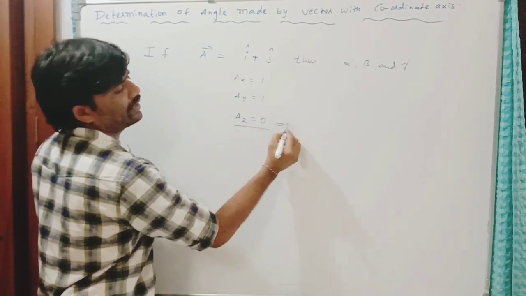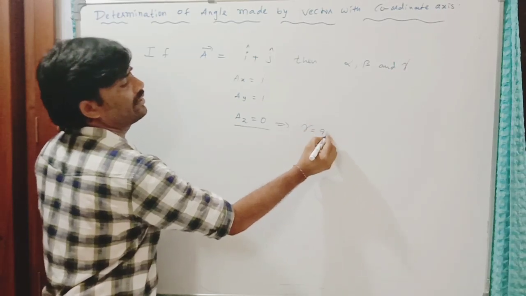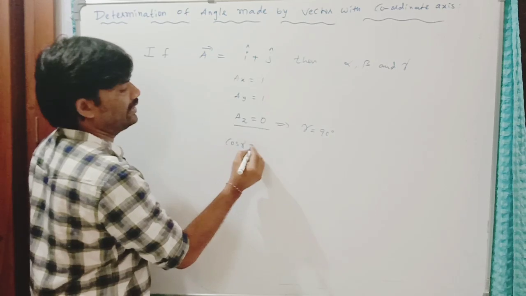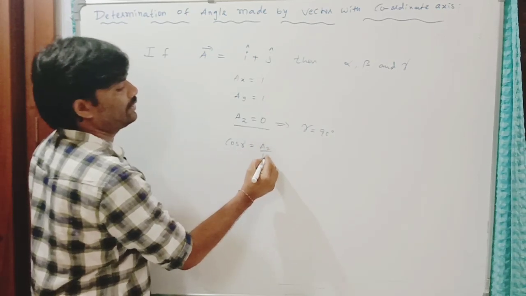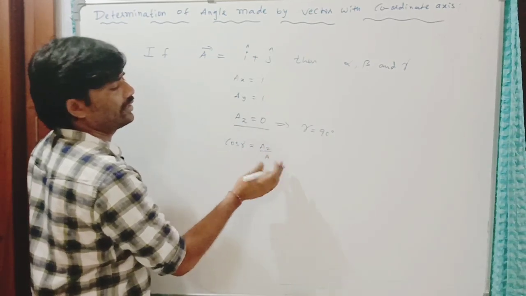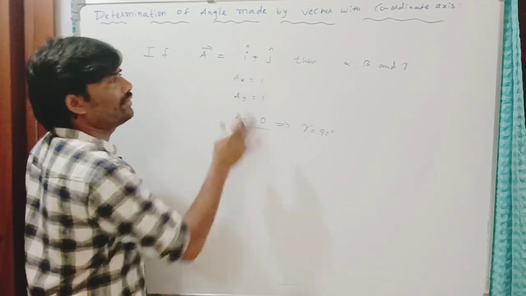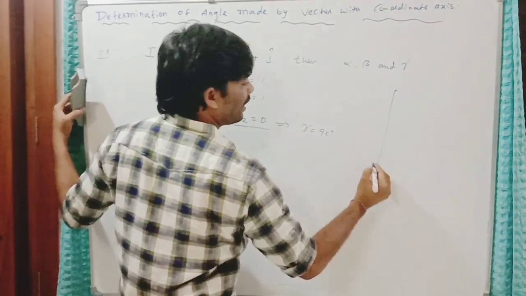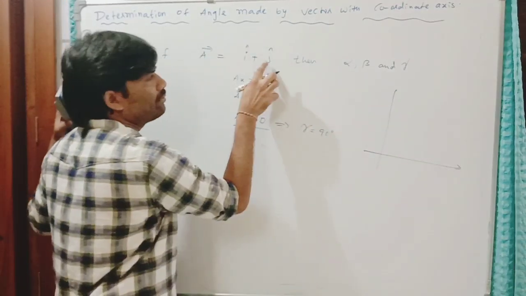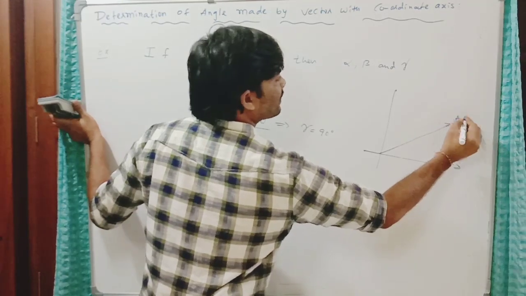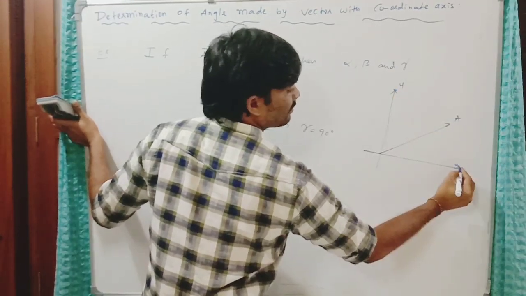Means from this you can say gamma is 90, because cos gamma is az by a, so this is 0. Directly gamma is 90. Now these two are equal. Definitely this vector lies in first quadrant. You can see both x component and y component are positive, so it lies in first quadrant like this.